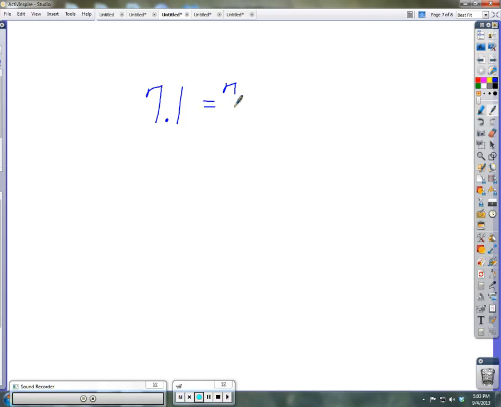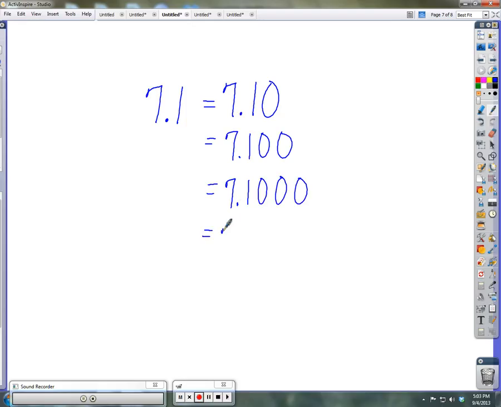I'm going to take the original decimal number, and to make an equivalent decimal, I can add 1 zero to the end, or I can add 2 zeros, 3 zeros, 4 zeros, or even 50 zeros to the end, and it would still be equivalent to 7 and 1/10.